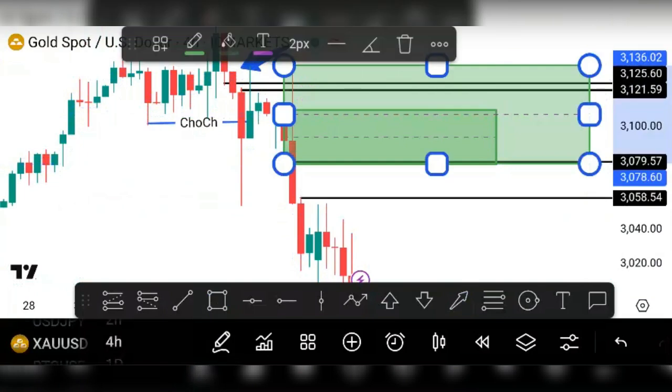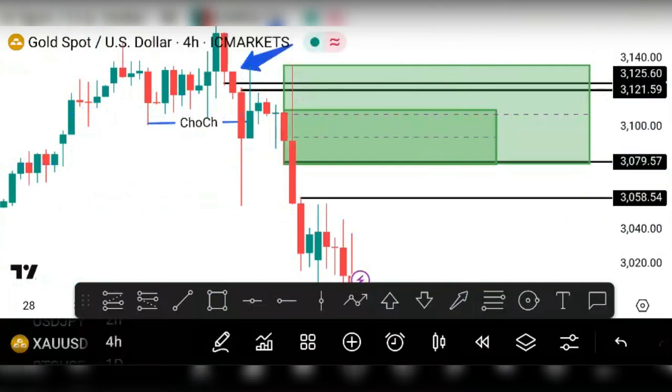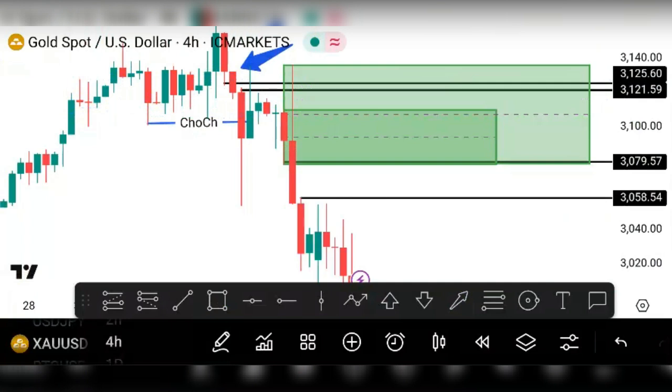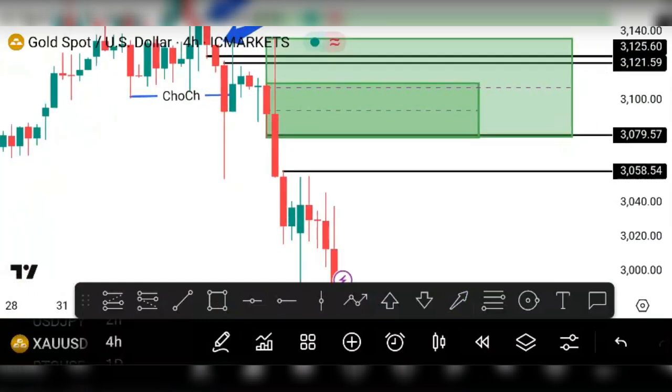It's still the same thing, just to cover this spike. You can see everything is together. The reason is that this spike is covering the other block. So you are allowed to mark it from that wick, covering the other block. It is allowed.